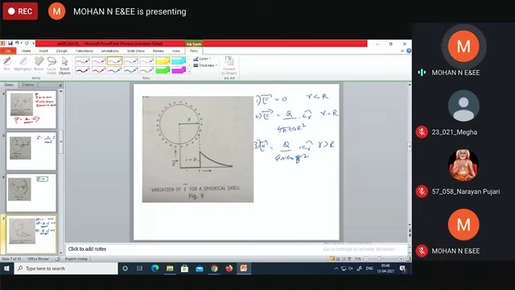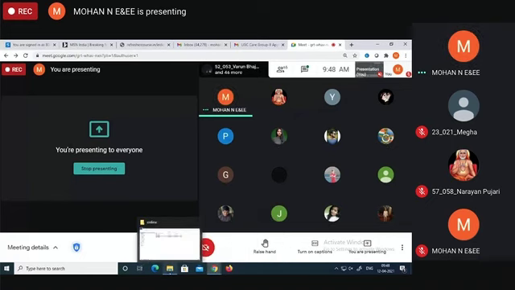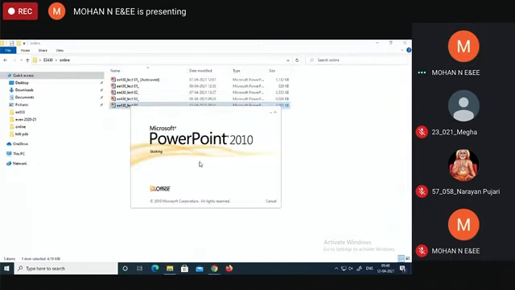This is region 1, region 2, and region 3. So when the point is on the charged shell, the field will be maximum. This is what we have discussed so far.